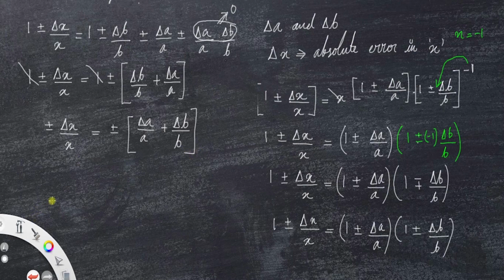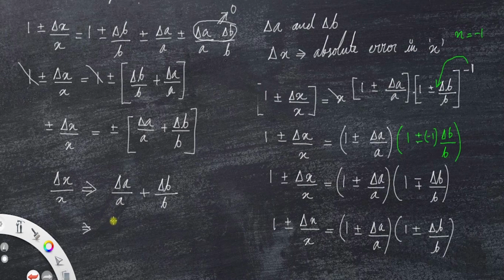Like we discussed before, we have 4 cases. I'll write delta x by x has 4 possibilities, that is delta a by a plus delta b by b, we already discussed this, but if you are focused only on quotient, you don't have to go back to other sections, you can infer here itself.